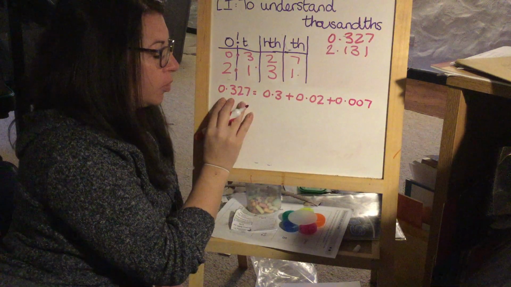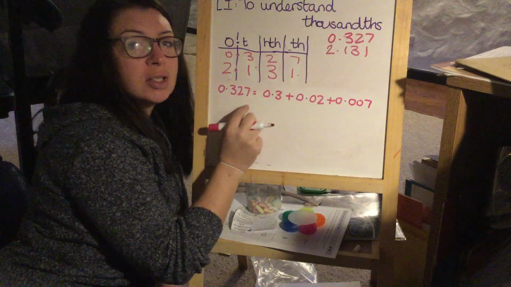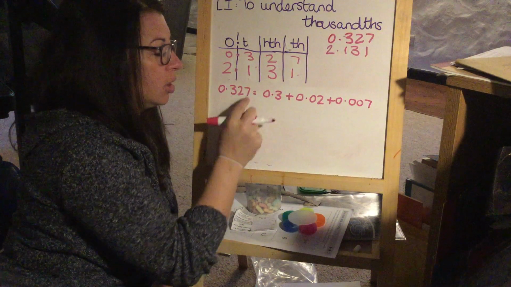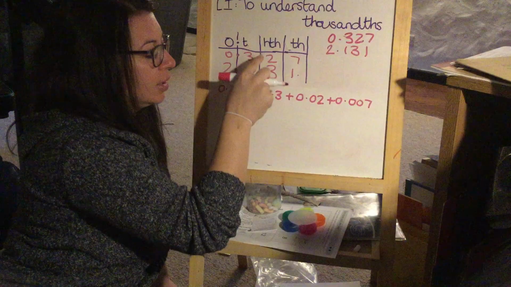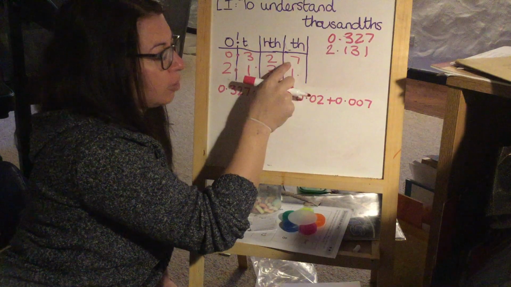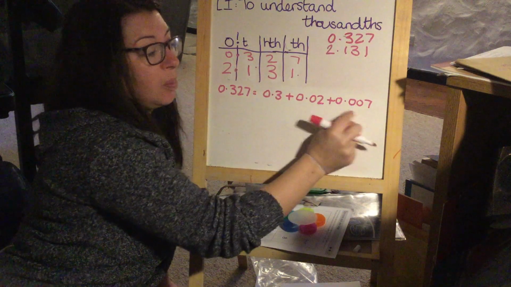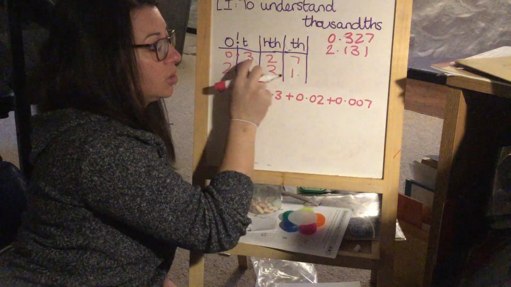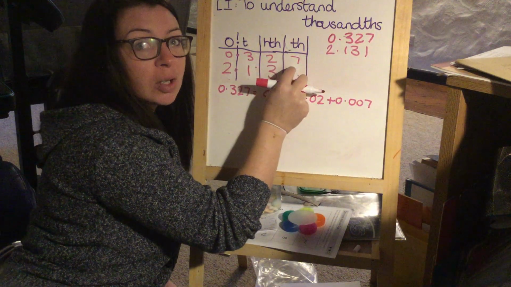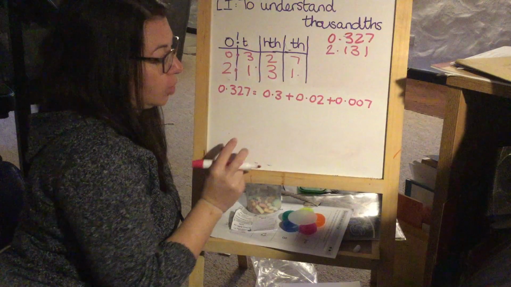So that is 0.327 broken down into each place value. Please don't be alarmed by the number of zeros. It's just where we are in our place value column. So always use the place value column to help you.